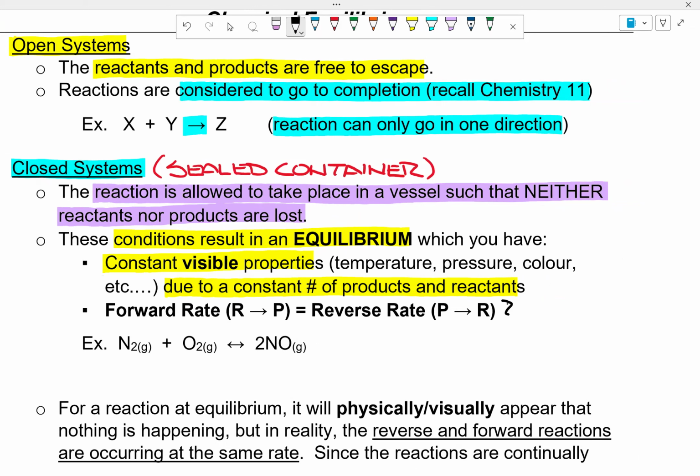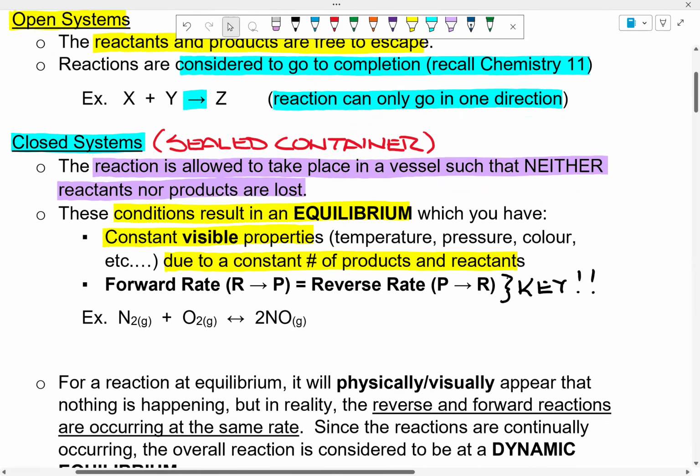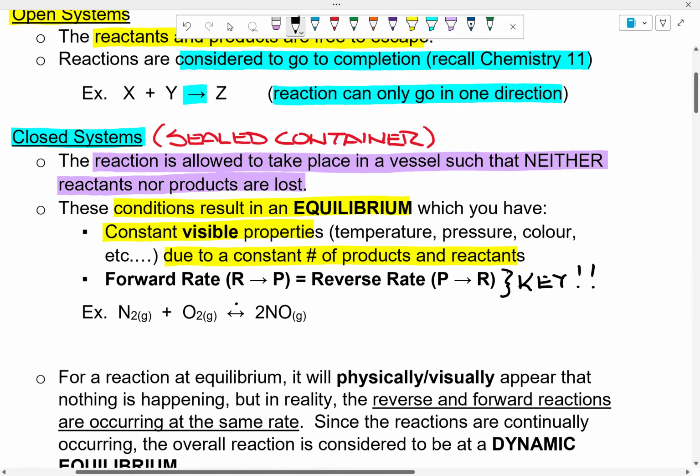This is the key point that you should be aware of, is that the forward rate, reactants going to products, equals the reverse rate, products going back to reactants. Now, one thing that you should be aware of is you will notice that when we deal with equilibrium, we use a double arrow.